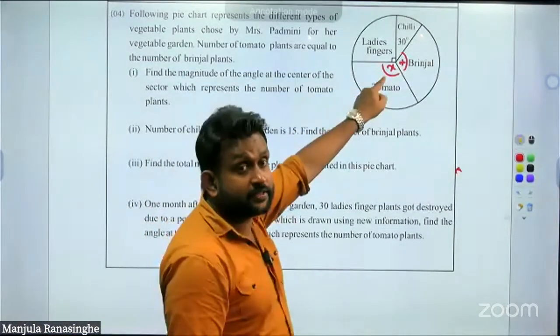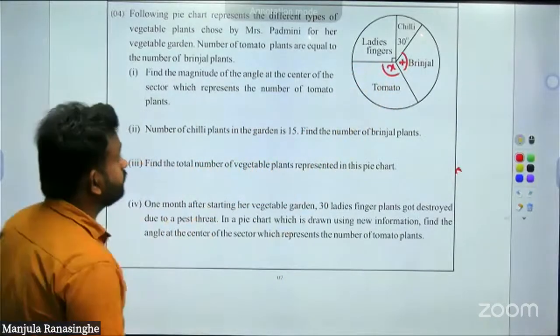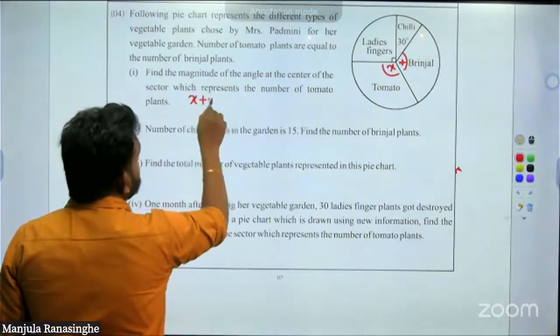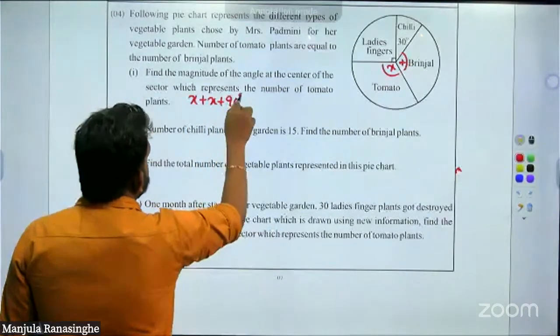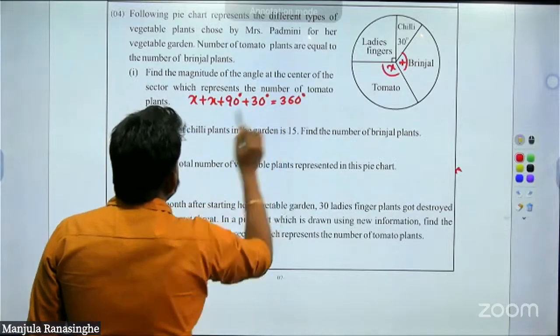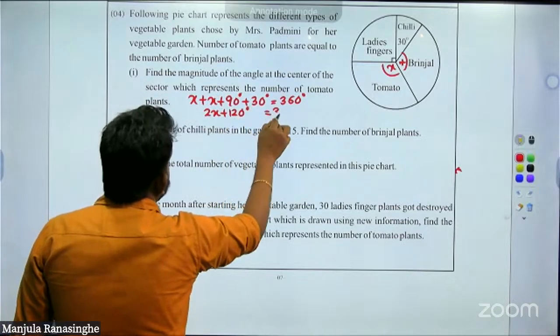I take it as x, then here also x. Now you can see that all the angles here add up to 360. Then you can write x plus 90 plus 30. So they are the angles around a point, equal to 360 degrees. Then 2x plus 120 equals 360 degrees.